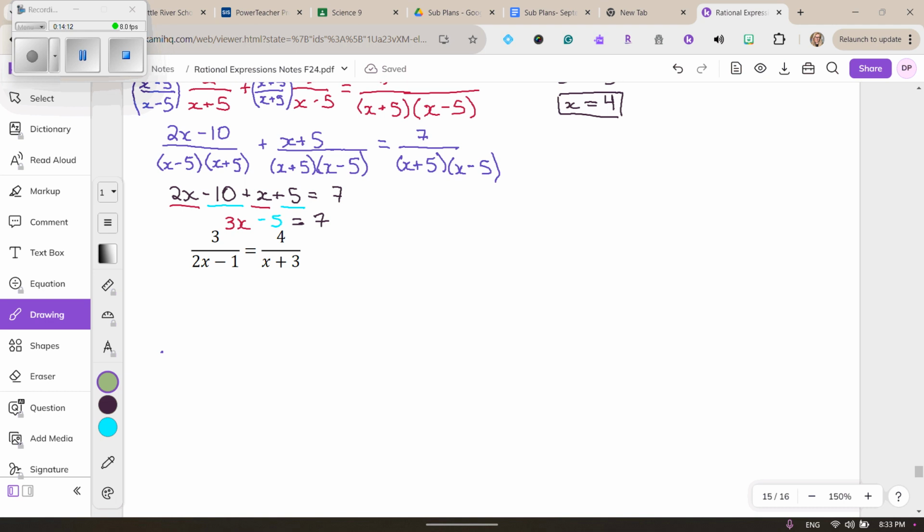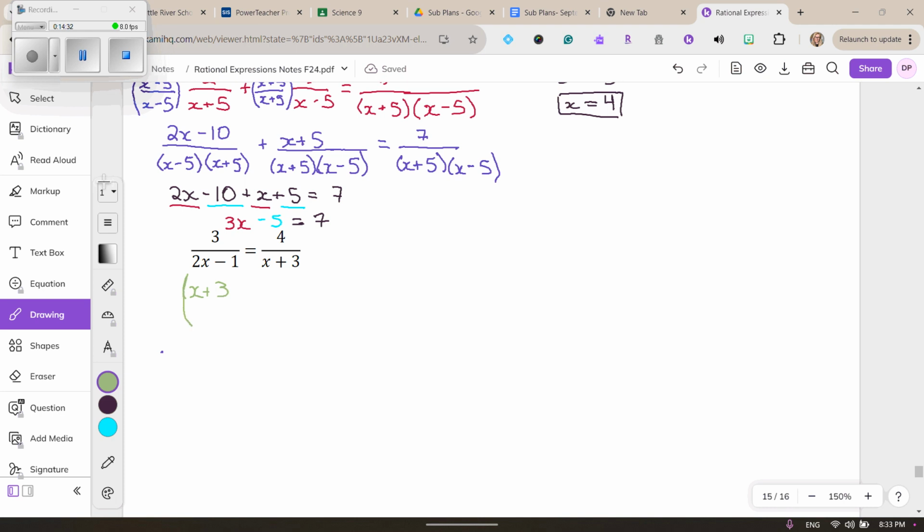So we are going to multiply the first fraction here by x plus 3, and we are going to multiply the second fraction by 2x minus 1.